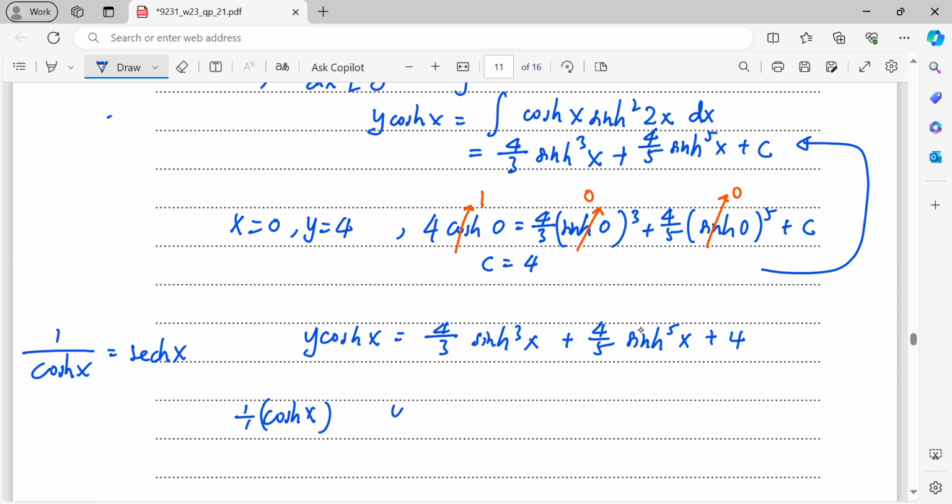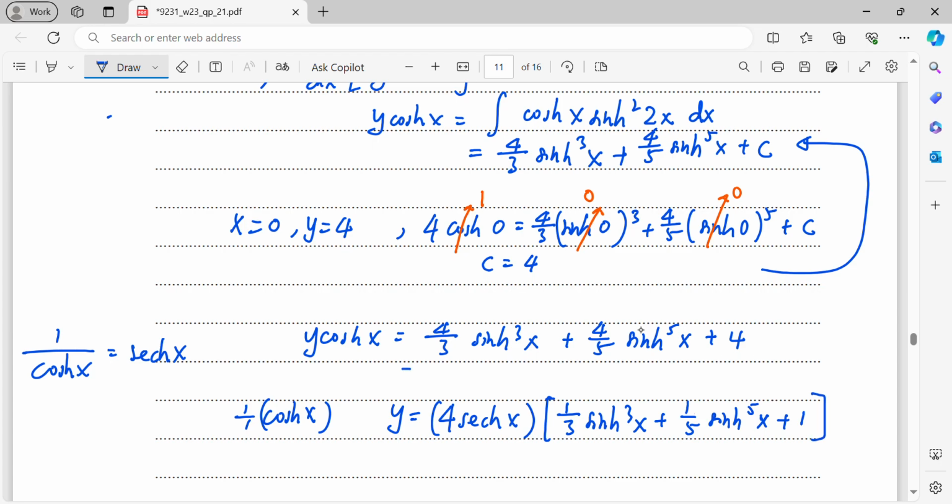So I will just write my y is basically, take out the 4 from both sides. 4 sec x multiplied with 1/3 sin³x plus 1/5 sin⁵x plus 1, because I factorize the 4.